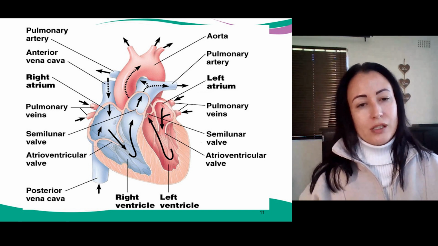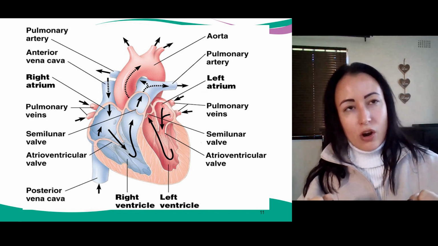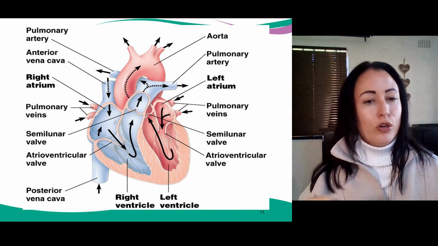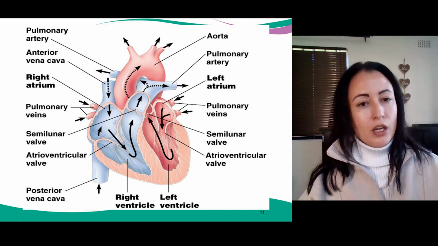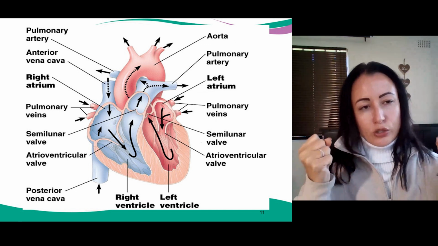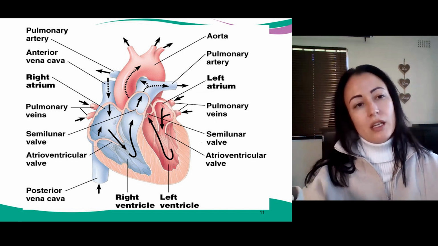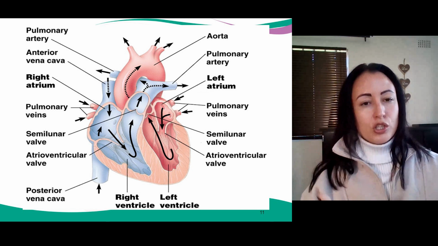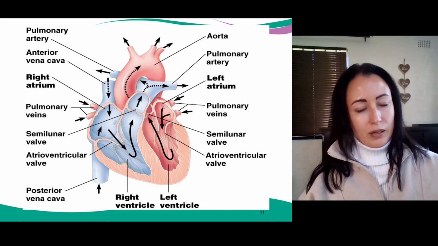So now we've just spoken about, we're in the Uber, we're carrying a lot of carbon dioxide in our blood, and we need to go drop it off. So we can't just drop it off anywhere in the body because it's going to become toxic for the body. So we go in the pulmonary artery to the lungs, where the carbon dioxide is dropped off and breathed out, and oxygen jumps in. New, fresh, oxygenated blood is then ready to be moved around the body.